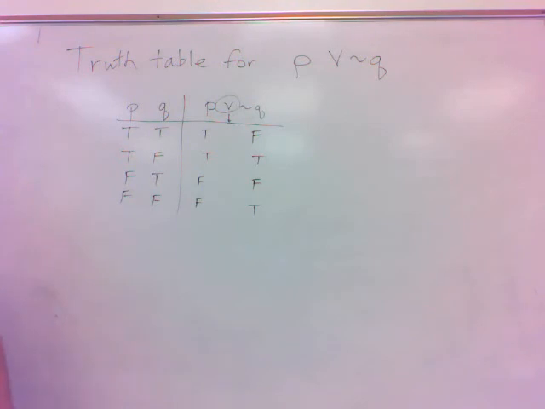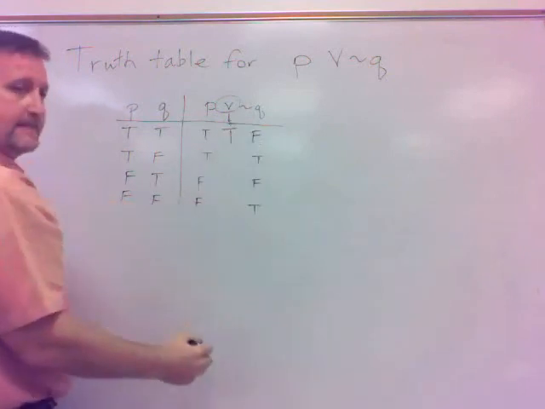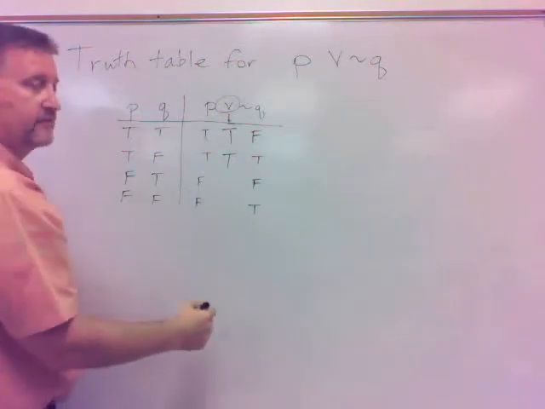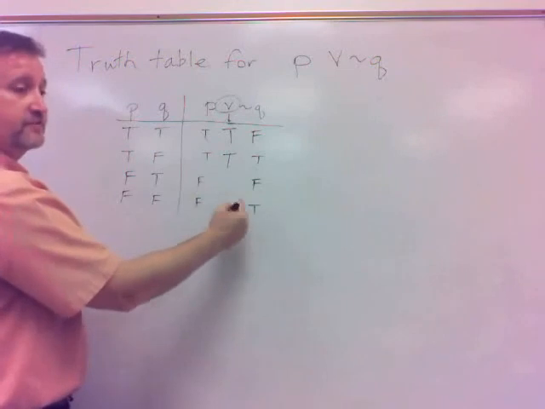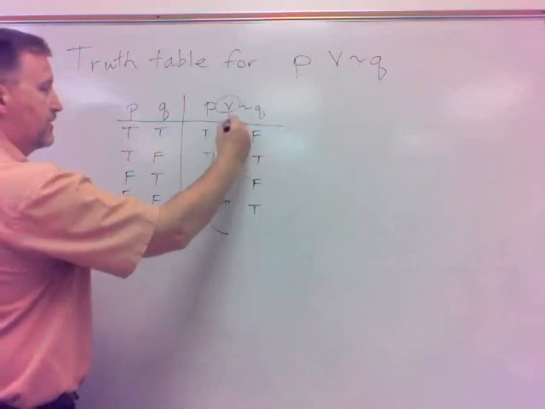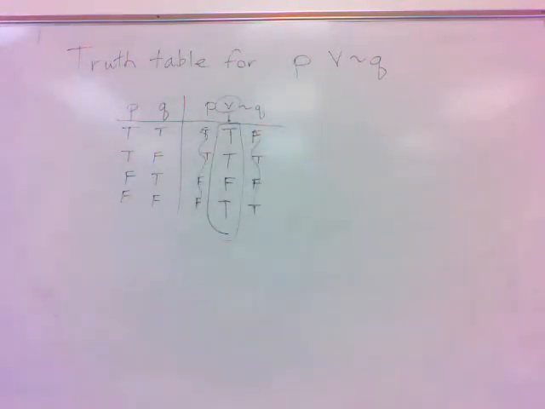It's the AND that's the restrictive one, where you have to have both of them true to be true, but for OR, just one of them has to be true, right? So true or false is true here. True or true, obviously that's true. Just one of them has to be true, so if both of them are true, it's still true. False or false, well, neither one of them's true, so that one's false. And then false or true, that's true. Okay? And so really, you can mark these out. This is the answer that you're seeking for that column.